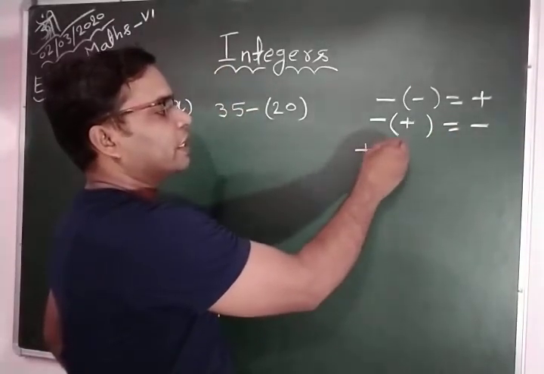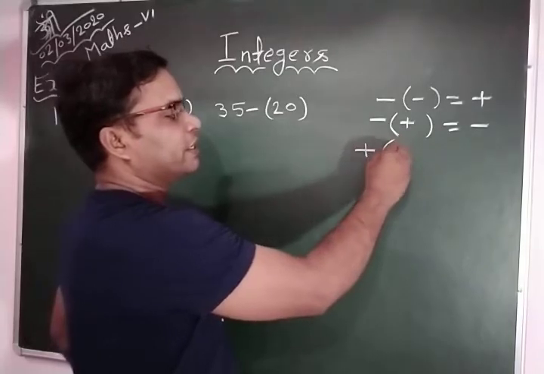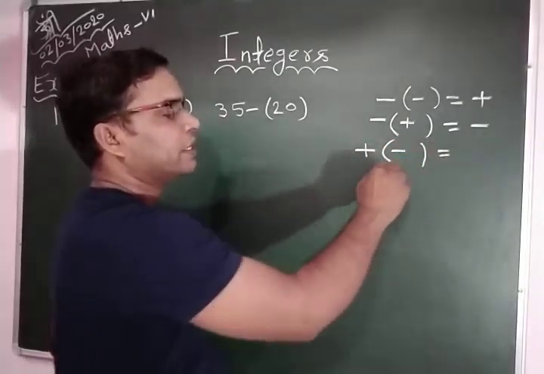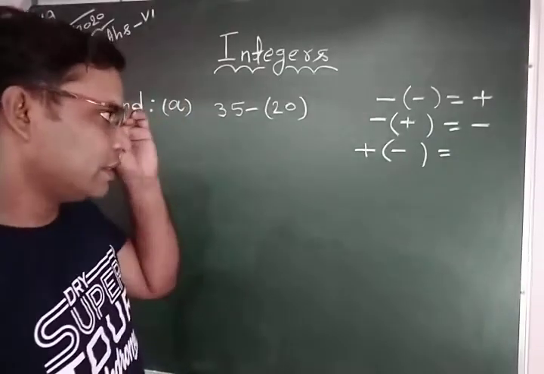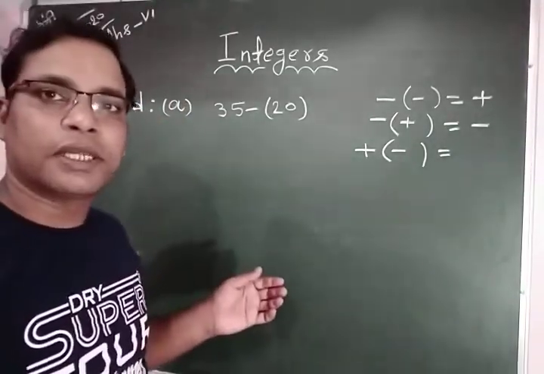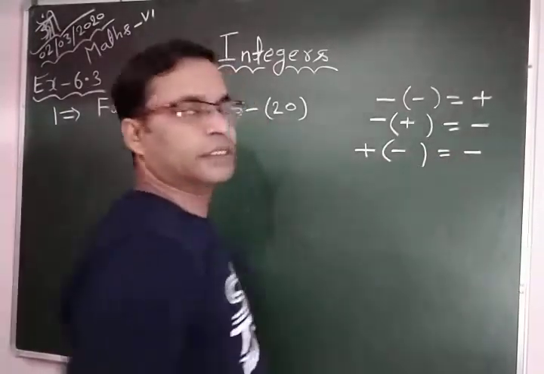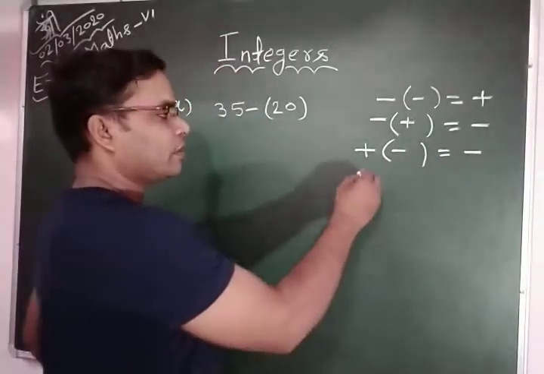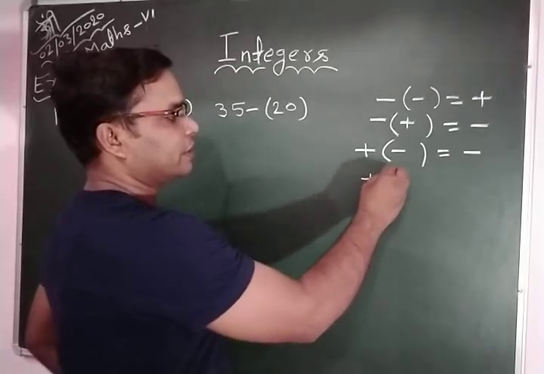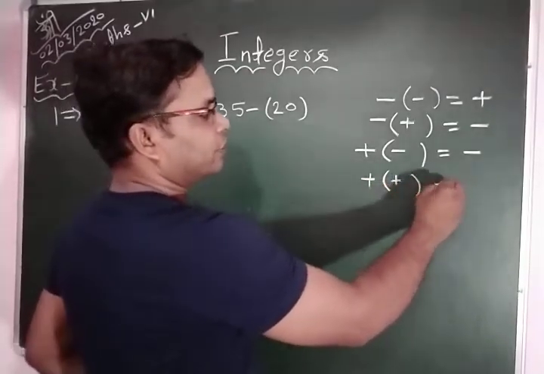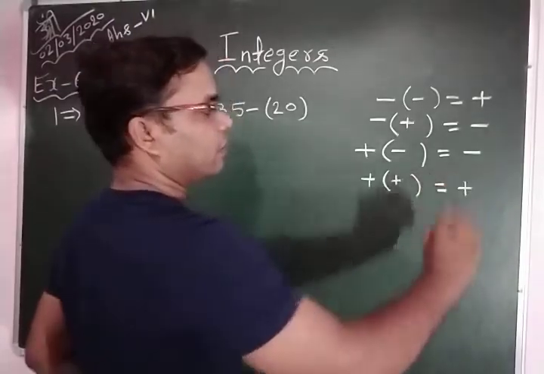Plus with a minus number inside the bracket, the sign is minus. Plus into minus, or minus into plus, is equal to minus, and plus inside a bracket with plus is equal to plus.